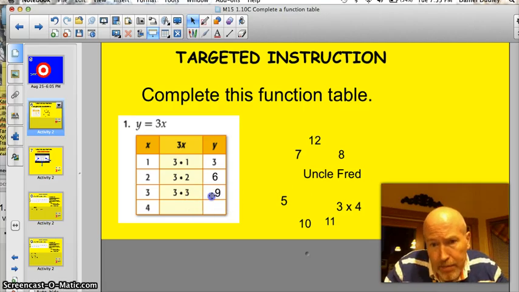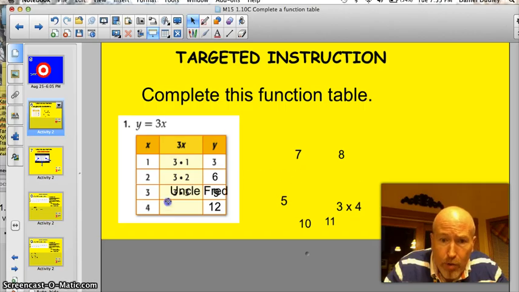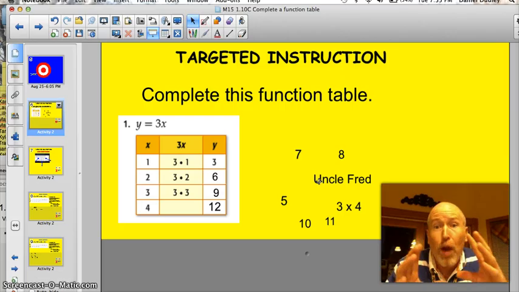We slide this guy in. And then 4 times 3, because I'm multiplying all my x's by 3, would be 12. And so you can throw that one in. If at any point you wanted to throw Uncle Fred in as an answer, you've got some bigger problems that we need to work with.